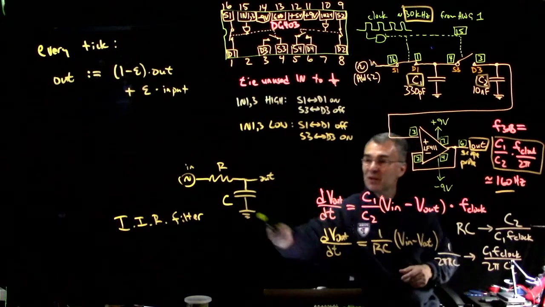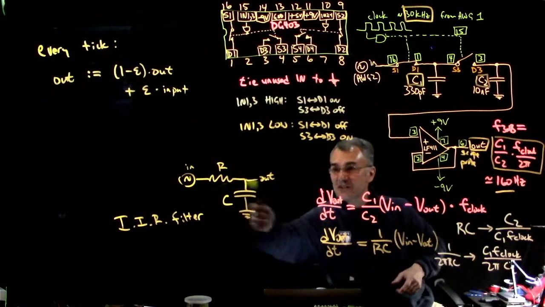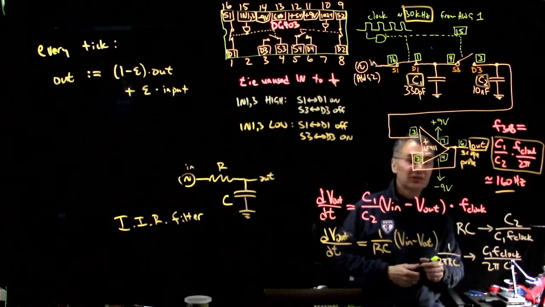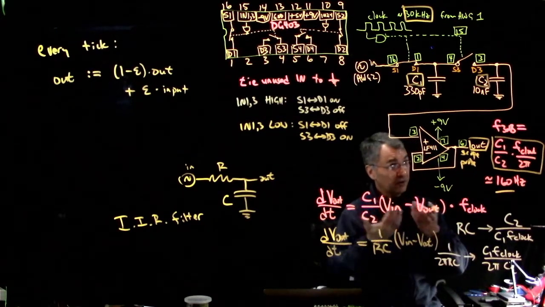A moment ago I probably pointed at this and you couldn't see it. Anyway, you get the same behavior as you get from the RC integrator or the RC low pass filter.